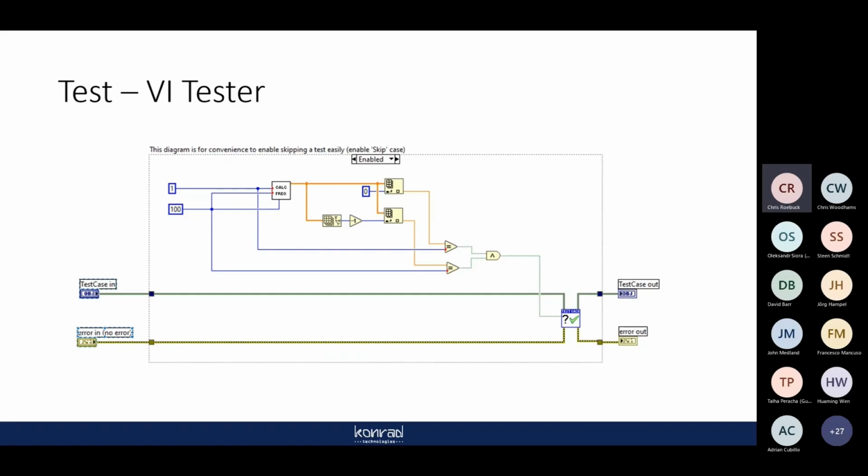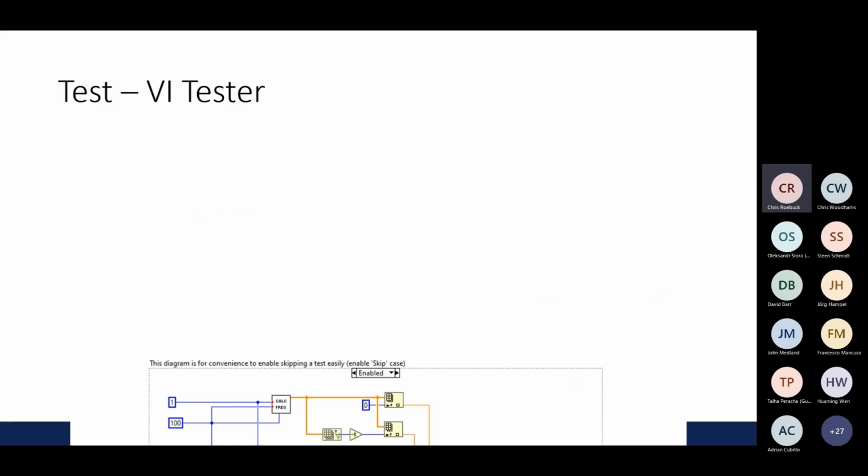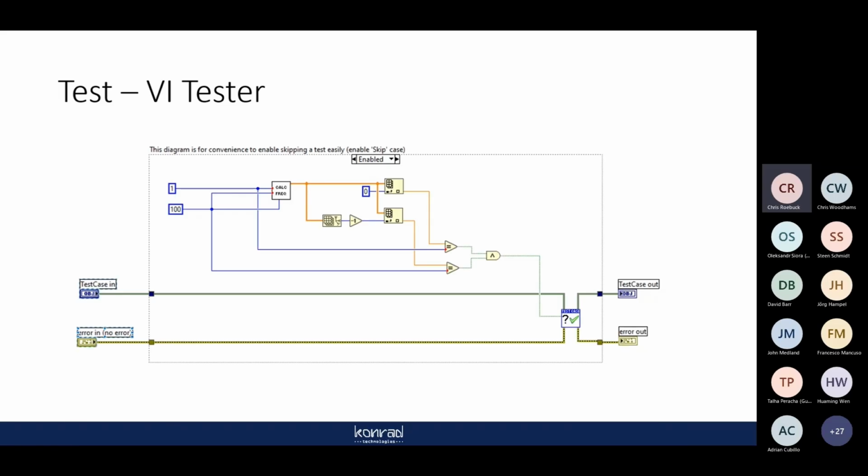Sorry, I've got a start frequency of 1, a stop frequency of 100, and I'm checking that the first frequency in the output array and the last frequency in the output array match that start and stop frequency that was passed in on the input side. It's a very simple basic test, but this gives you an example of what a unit test might look like, if you've never seen one before.